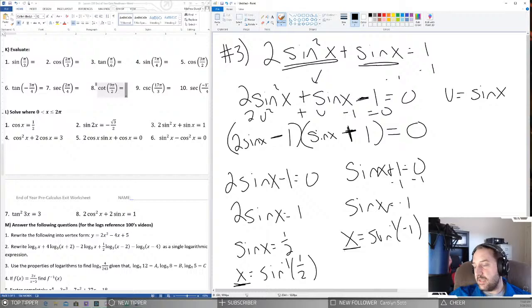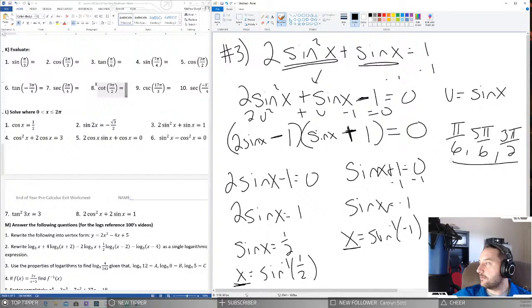So since none of that is changing, the values on the unit circle that are going to give me 1/2 for sine are pi 6 and 5 pi 6. And then where my sine is negative 1 is going to be 3 pi halves. Comments or questions on that?